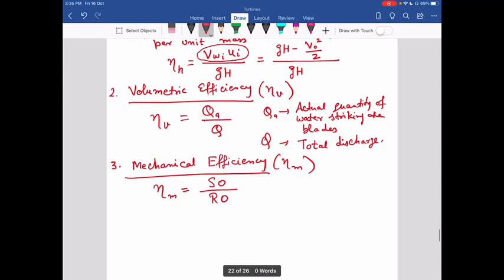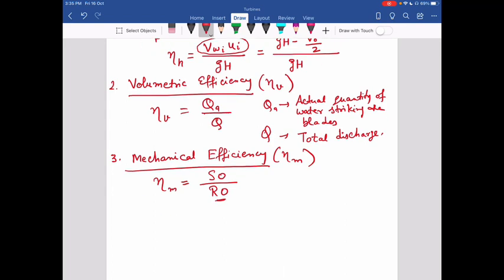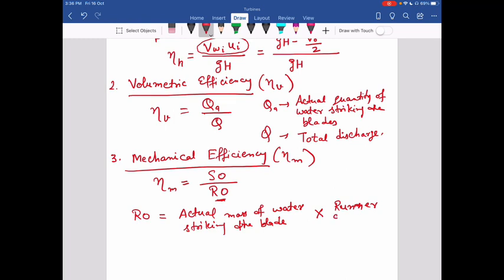Further, runner output I can write as the actual mass of water striking the blade multiplied by runner output per unit mass.